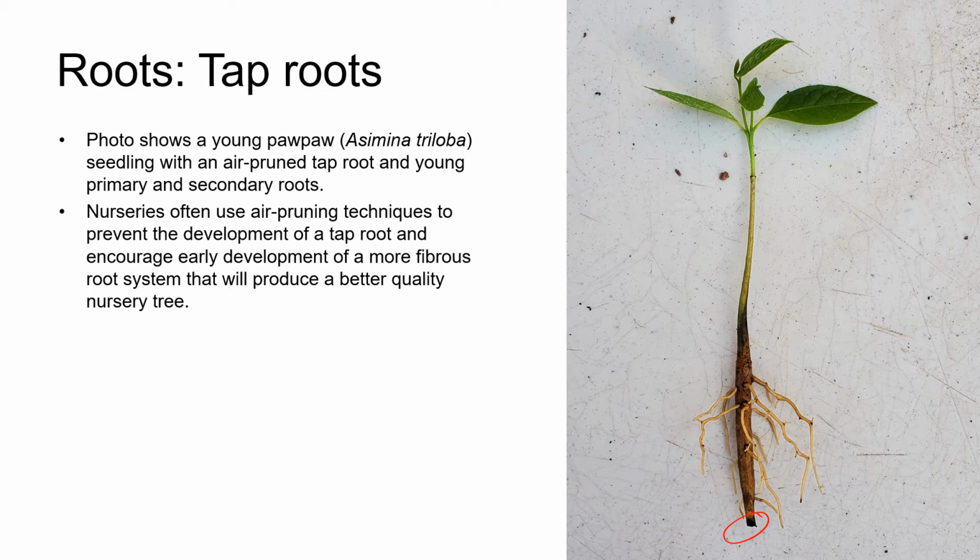Roots can't grow into dry air, so when this taproot grew out of the drainage hole at the bottom of the plug tray that the seed was planted in, the tip of the taproot died, and we call this air pruning. Nurseries often use air pruning techniques to prevent the development of a taproot and encourage early development of a more fibrous root system that will eventually produce a better quality nursery tree.